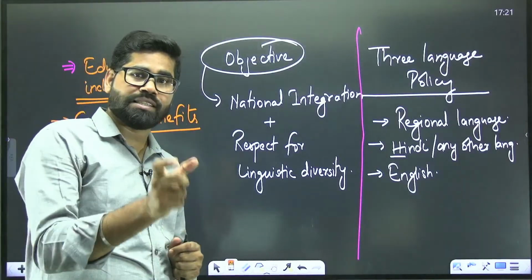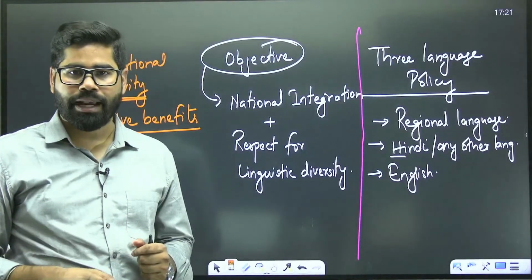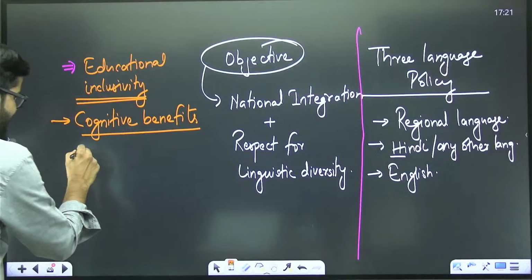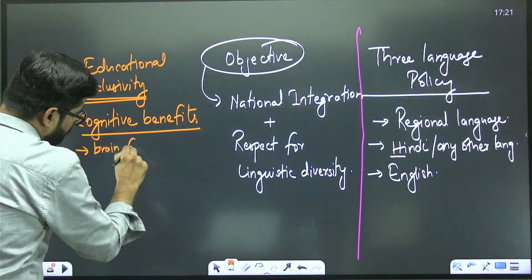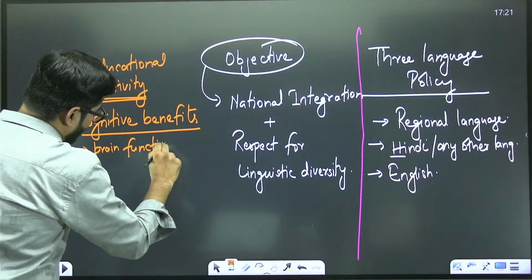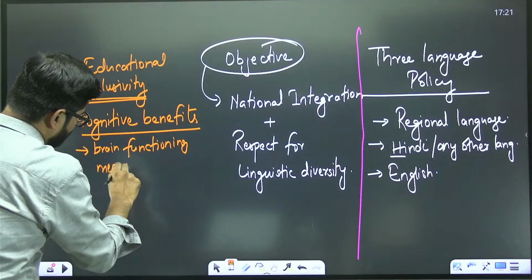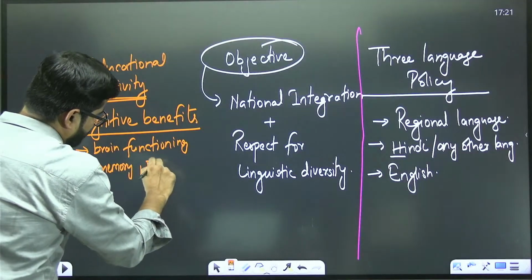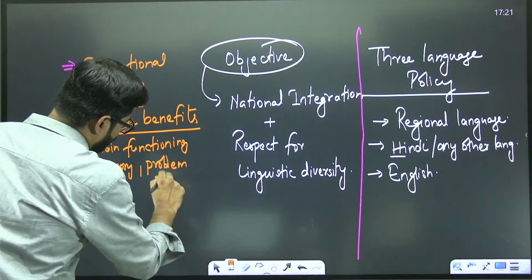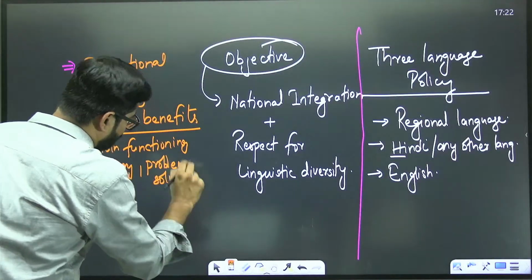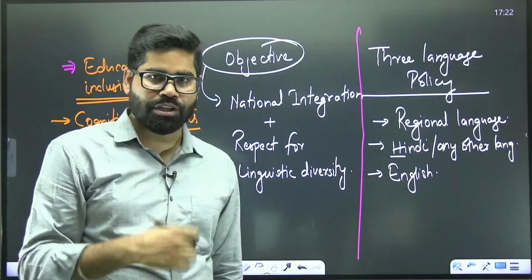These things have been said to come through multiple languages. So here it has been said: brain functioning, memory, problem solving, etc. So as per government, these things are going to be improved by having a 3-language policy.